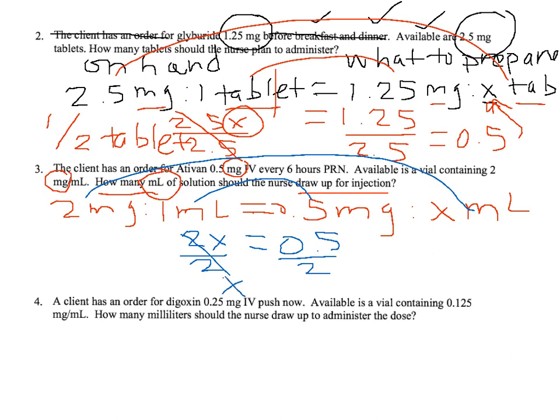So x equals 0.5 divided by 2, and the answer is 0.25. 0.25 what? Well, where was the x? It was over here by this milliliter. So the answer is 0.25 milliliters. You're going to prepare 0.25 milliliters, which means you're going to have to go and find a syringe that will measure something in that small of a volume.